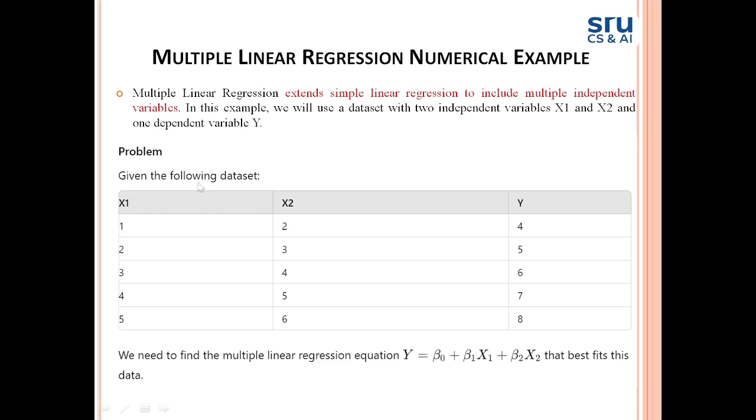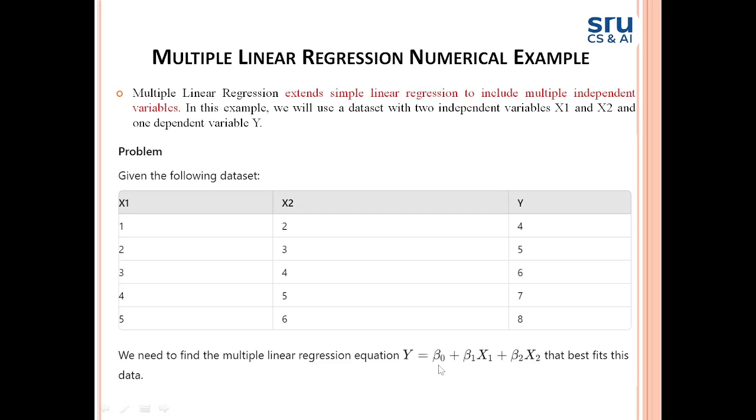Given the following data set: x1 is 1, 2, 3, 4, 5. x2 is 2, 3, 4, 5, 6. Y is 4, 5, 6, 7, 8. We need to find the multiple linear regression equation.